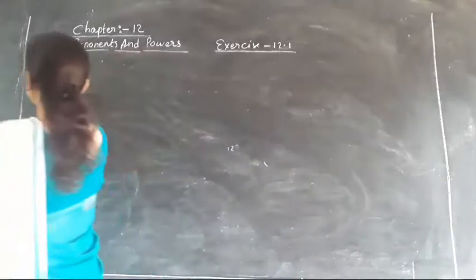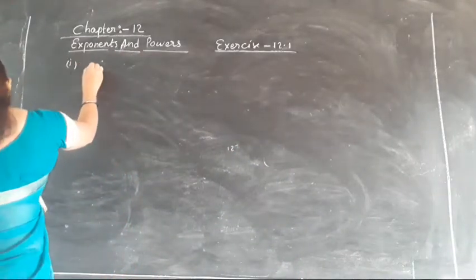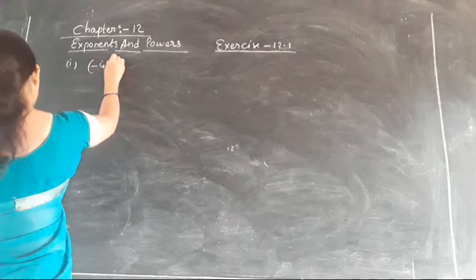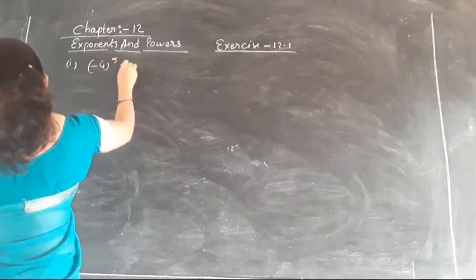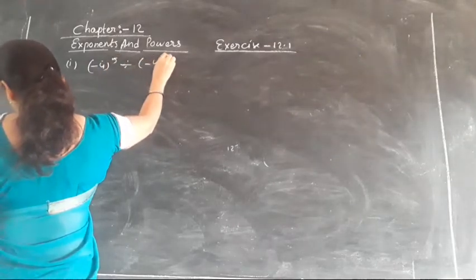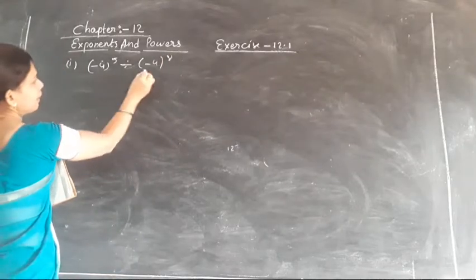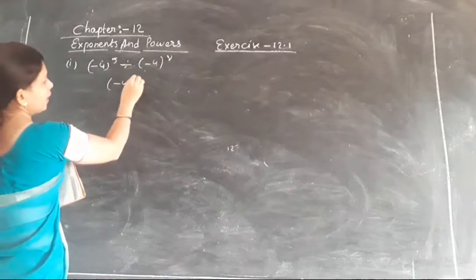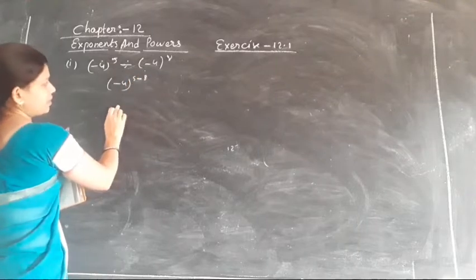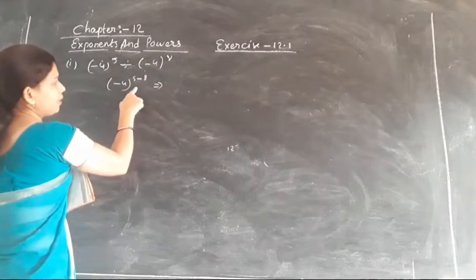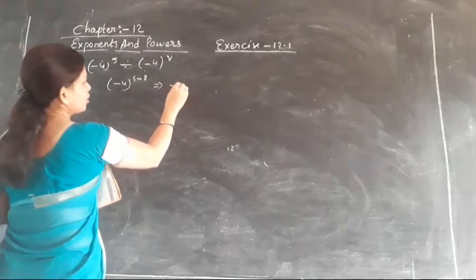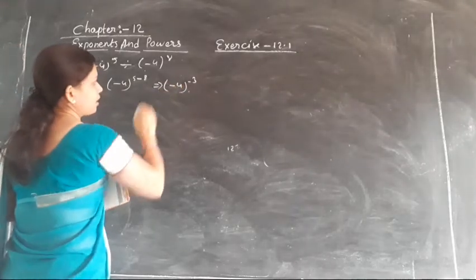Here in this question it is said to simplify, isn't it? So minus 4 whole to the power 5 divided by minus 4 whole to the power 8. We are having this. So you can see here the base is the same, isn't it? So the powers will get subtracted, since 5 minus 8 will become minus 3, isn't it?